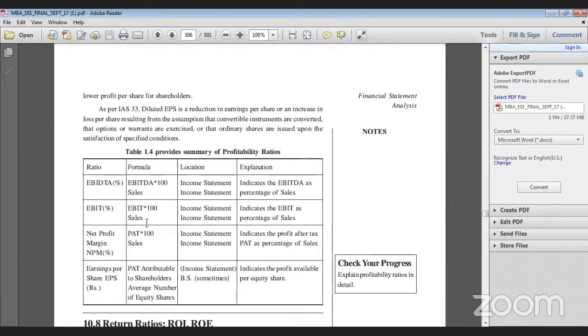After that, EBT ratio is equal to EBT into 100 divided by sale. Earning per share is equal to PAT, which is profit after tax, attributed to shareholders divided by the average number of equity shares. So this is the earning per share ratio.